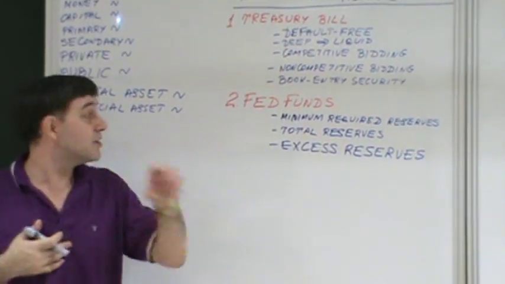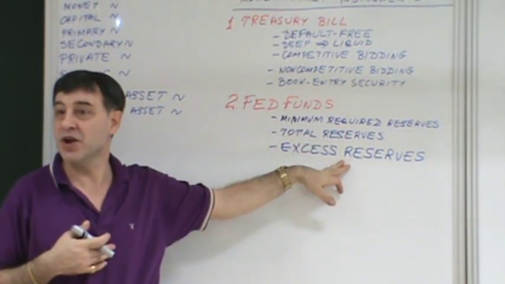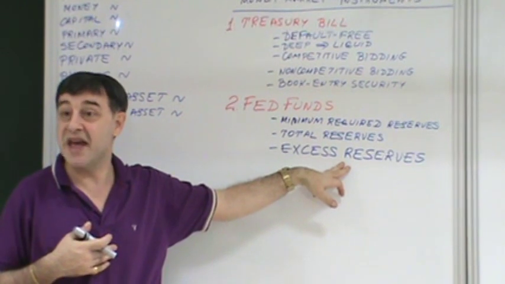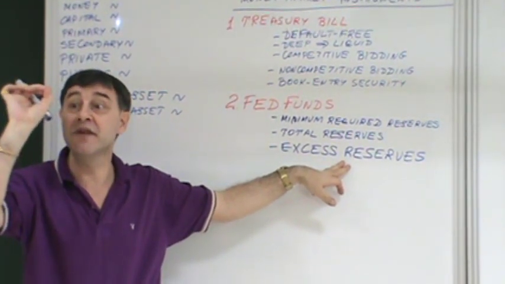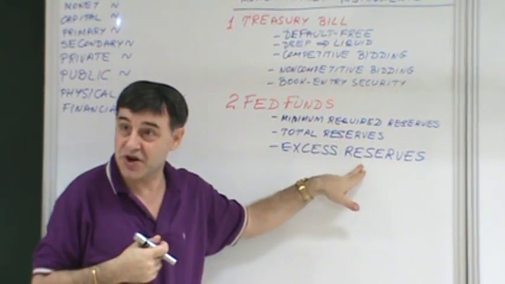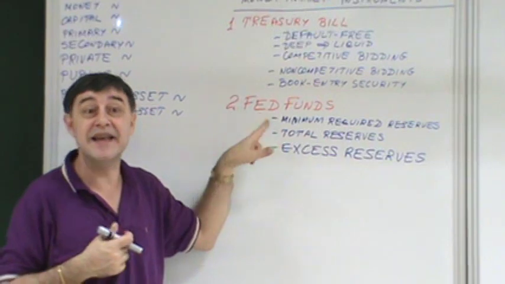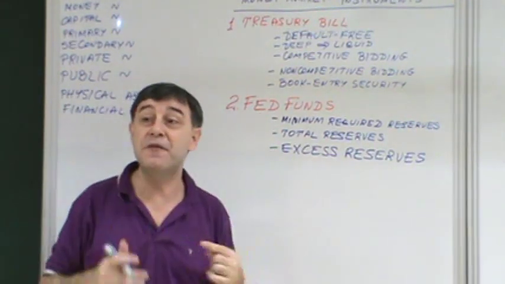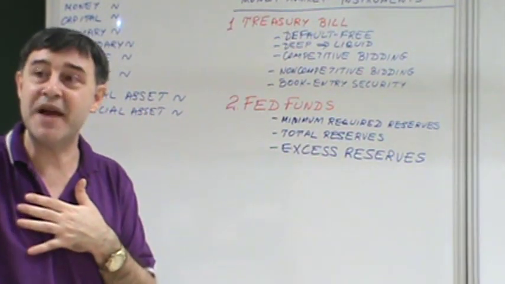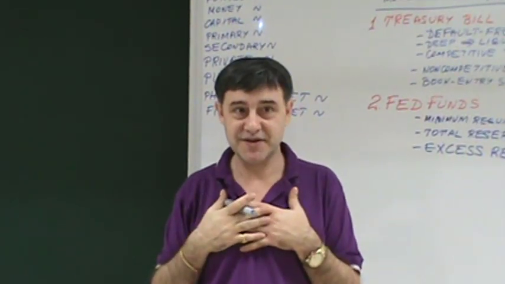So the key to understanding reserves is that reserves do not earn interest and therefore bring you a return of 0. Therefore, if you have excess reserves deposited at the central bank, they still earn you 0. If you lend them to the other bank, it will pay you interest.